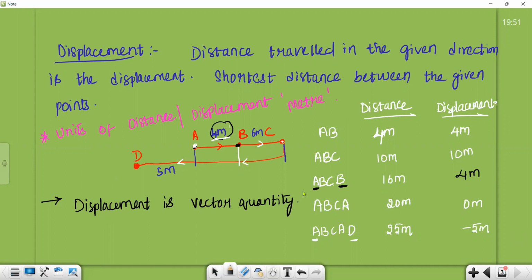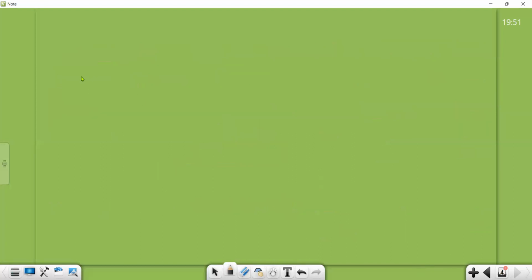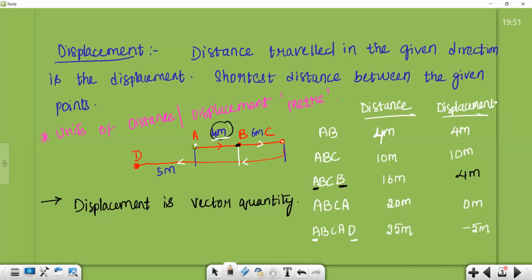Both distance and displacement are measured in which units? Meters, ma'am, and kilometers. Yes, so both have the same units. And note one thing here: if the initial point and final point are the same, the displacement always remains 0.